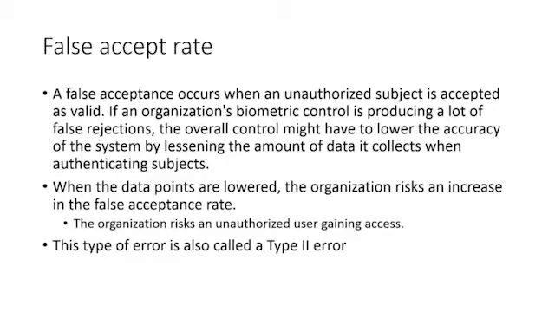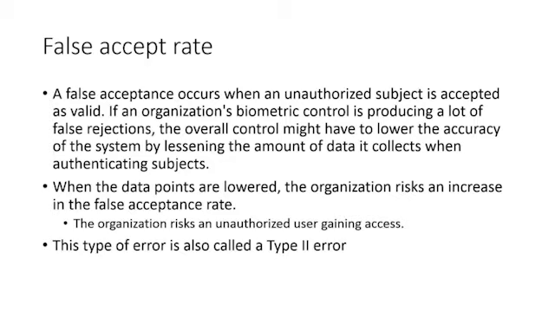And as soon as you do that, you can start introducing vulnerabilities, because now we can get this false acceptance rate. So when the data points are lowered down, they say, okay, we're going to do a fingerprint scan. I want 5 points scanned on your finger. Well, it's giving us lots of errors, so let's turn it down to 3. Well, somebody might be able to match 3 of them up on your finger, right? That's a false acceptance rate.